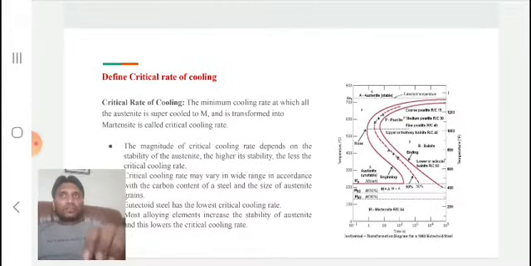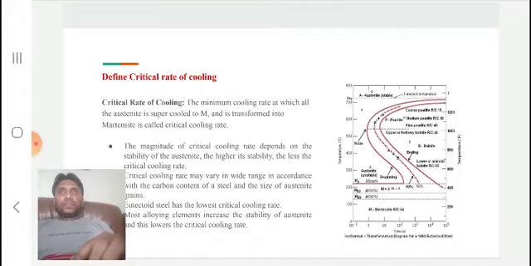Generally, in the figure shown here, cooling the austenite or steel without touching the nose, to a temperature around 250 or below 250 or 200 degrees centigrade, all the austenite will transform into martensite.